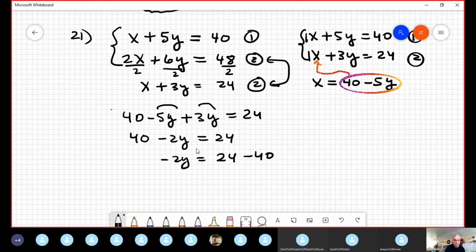So you're subtracting 24 minus 40. 40 minus 24, put it in the calculator. 40 minus 24, 16, but negative 16, of course. Divided by negative 2 both sides. y is 8.